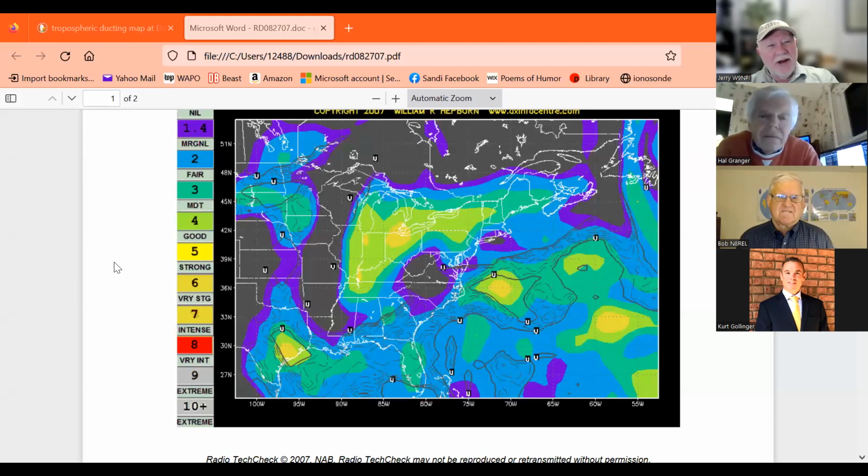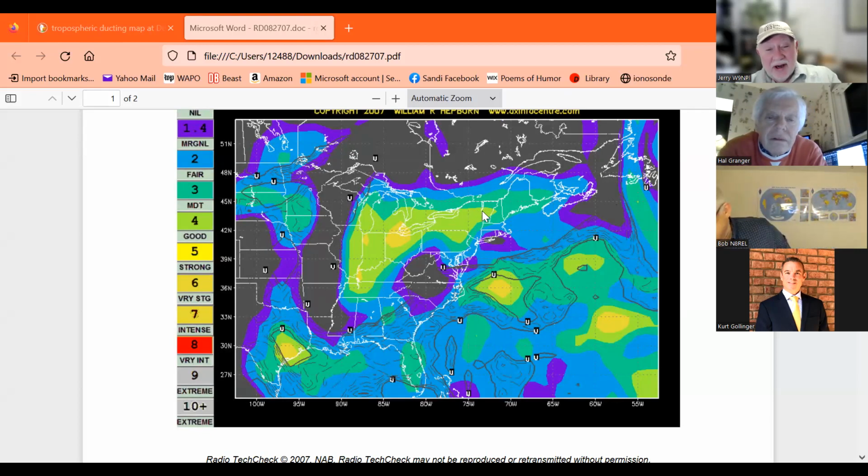Okay, the internet is beautiful in that it can give you all sorts of good information. You can find maps that show tropospheric ducting. If you are within any of these regions, and as you can see, the coloring is how intense the ducting is, you can talk to someone from here to there.